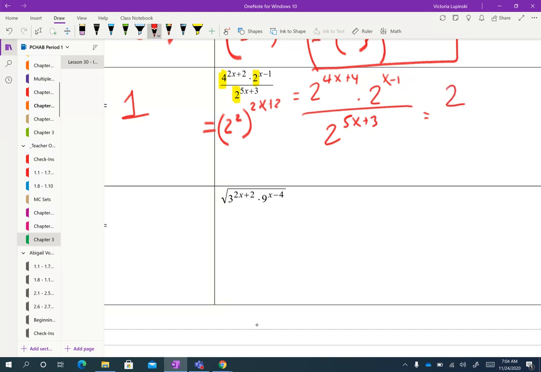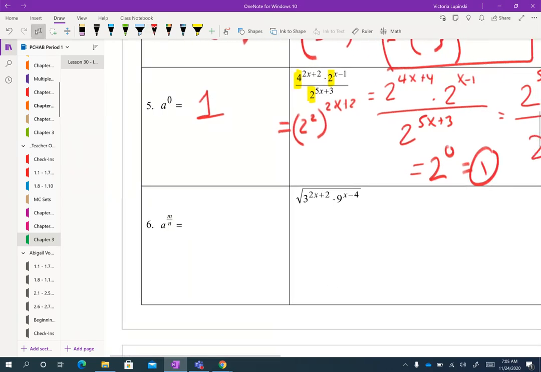So that gives me 2 to the 5x plus 3 all over 2 to the 5x plus 3. Of course, you're used to seeing the same thing in the top and bottom and reducing it to a 1, but make sure you know why. If you were going to use a rule of exponents, you would do m minus n, so 5x plus 3 minus 5x plus 3. That would give you 2 to the 0, and anything to the 0 power equals 1.